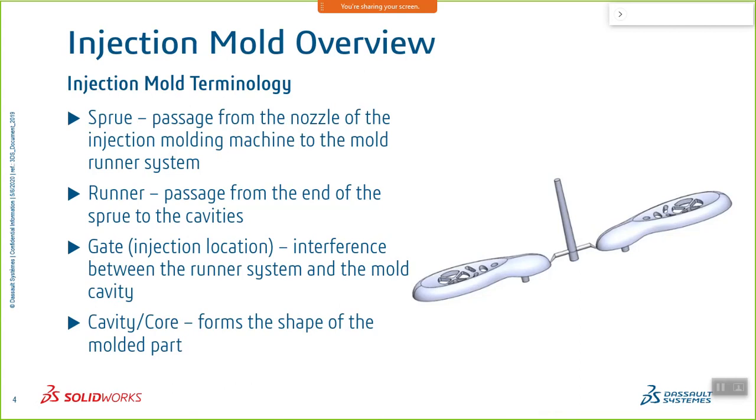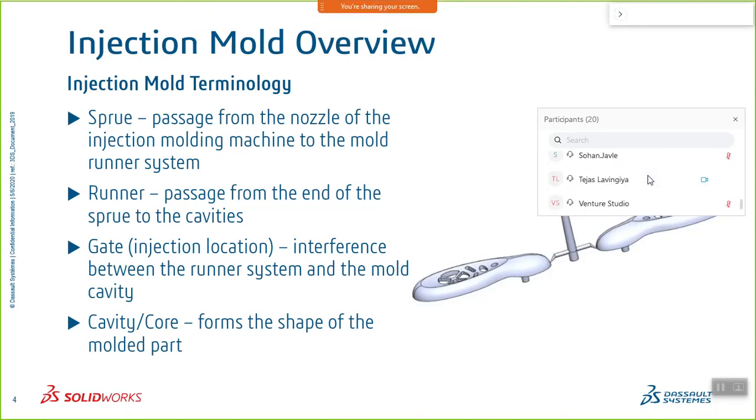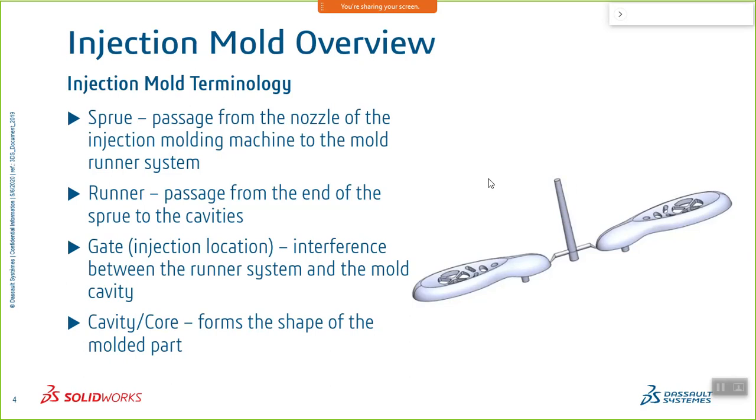And the runner is the passage from the end of the sprue to the cavities. This is where the molten plastic enters into the cavity, and we have the gate. It is the interface between the runner system and the mold cavity. And finally, we have the cavity, which is the final form of the molded part, what we are actually going to manufacture from the injection molding machine.